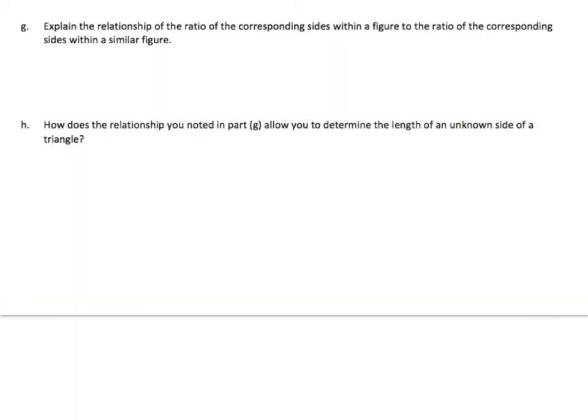All right, explain the relationship of the ratio of the corresponding sides within a figure to the ratio of the corresponding sides within a similar figure. All that means is if I have two similar triangles, corresponding lengths of similar figures have proportional lengths.